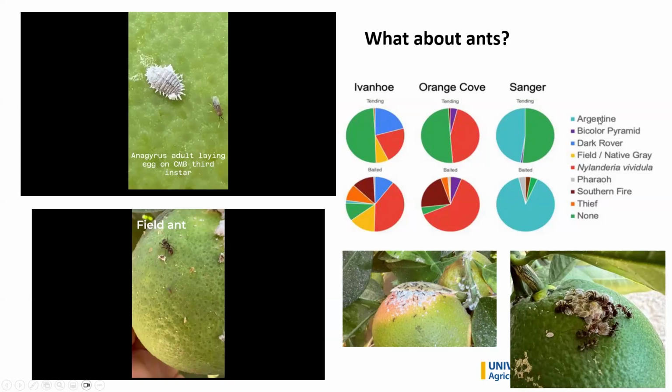There were quite a variety of ants tending mealybugs in different areas. In Sanger, where Argentine ants had established, they only found Argentine ants tending mealybugs. But in other areas, where Argentine ants were not present, there was quite a bit of variety of ants.